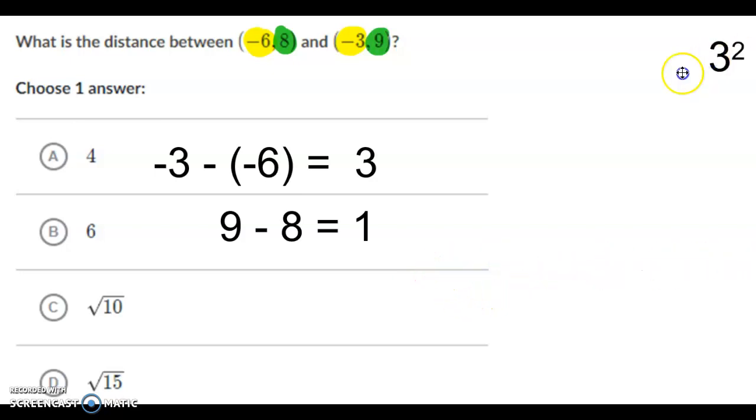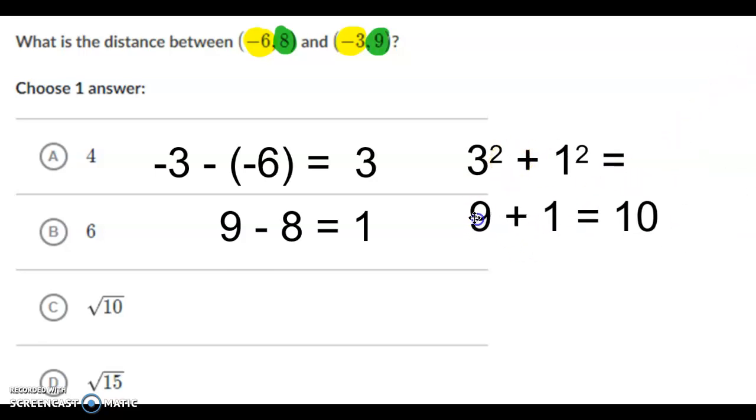So I'm going to take 3 squared and 1 squared and add them together. 3 squared, 3 times 3, is 9, and 1 squared is 1, and 9 plus 1 is 10. So if I had drawn this, the hypotenuse is the square root of 10. Since it's not a perfect square, we leave it in the answer as the square root of 10.